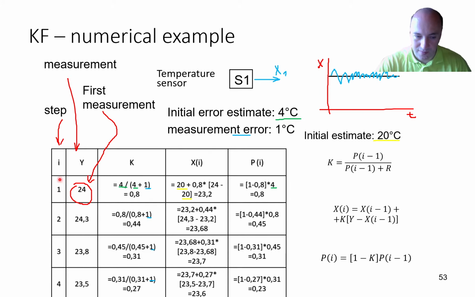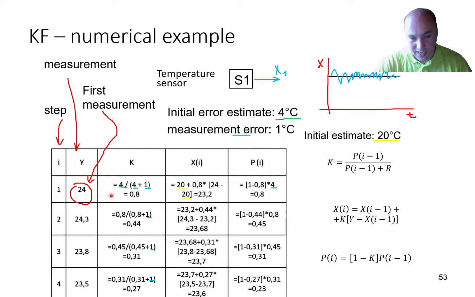So I will have the first measurement that will arrive from the sensor. So this will be the first sample, and my first measurement was 24 centigrades. This is coming from the sensor, so I'm assuming that this is the measured value, and the measurement error is 1 centigrade.